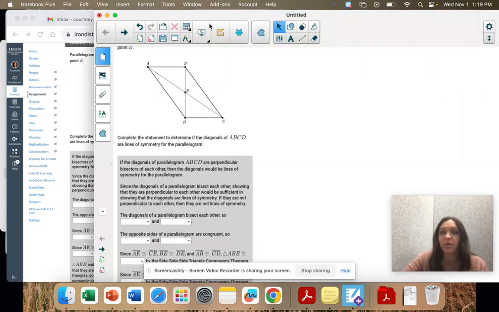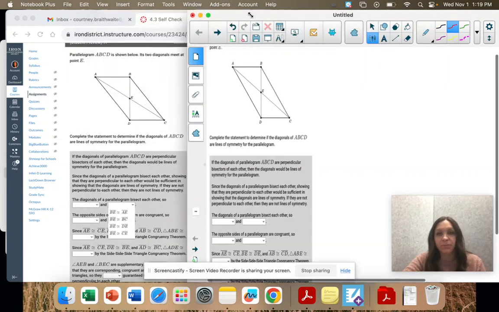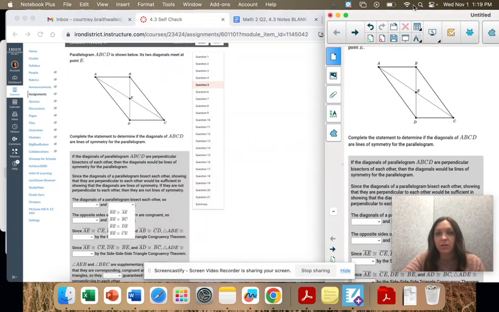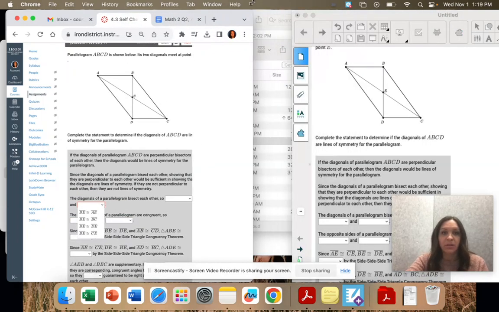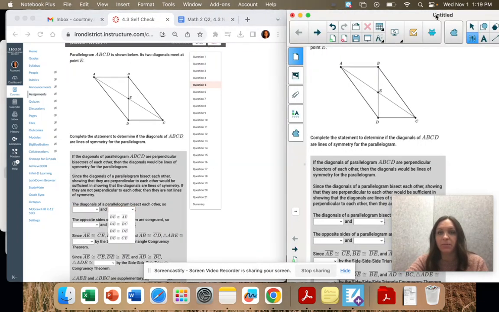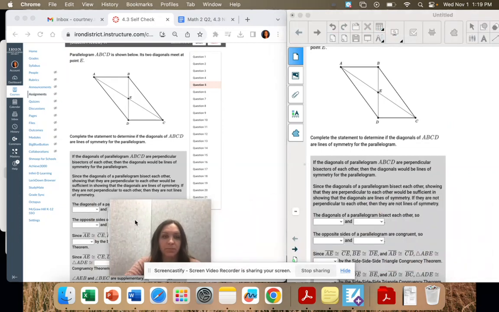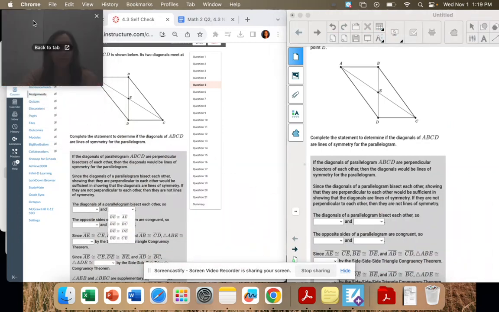So let's just label what we know about this parallelogram. I'm going to move it and try and get a split screen going here. Let's put me up there.